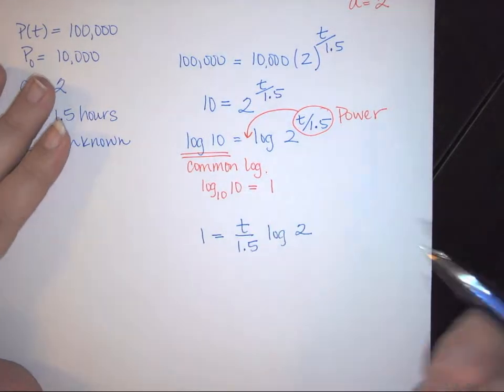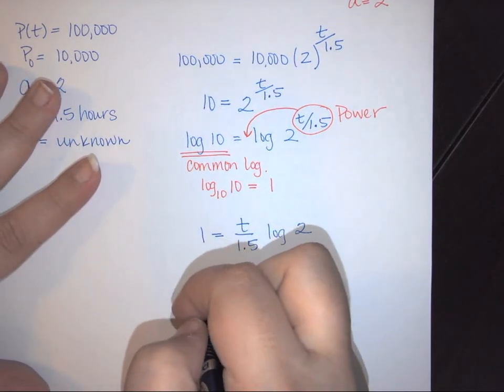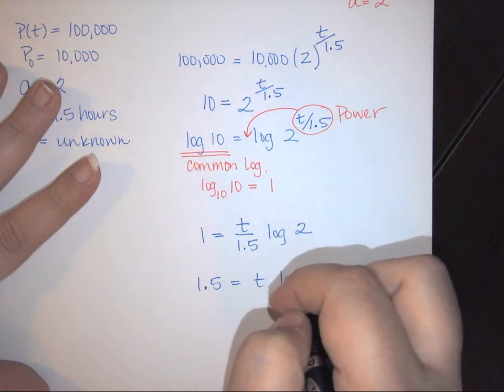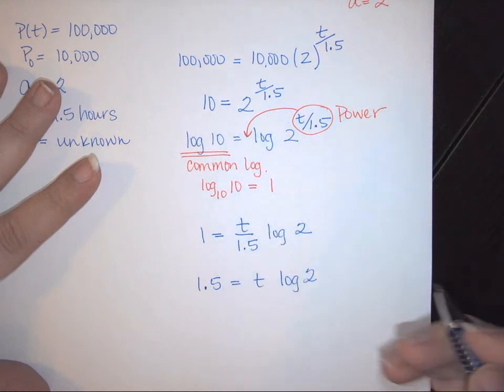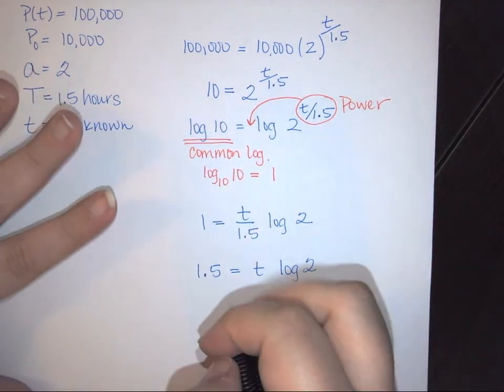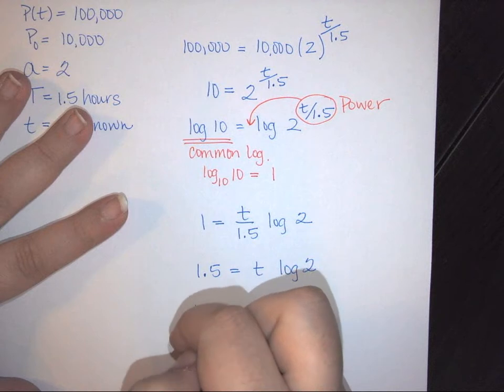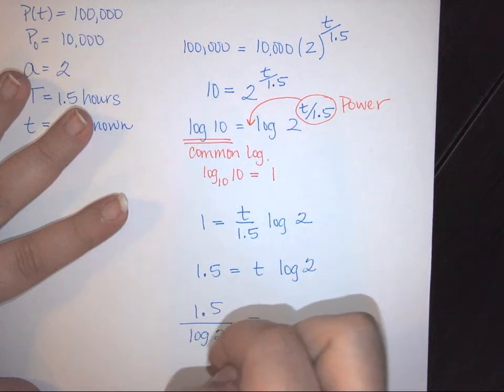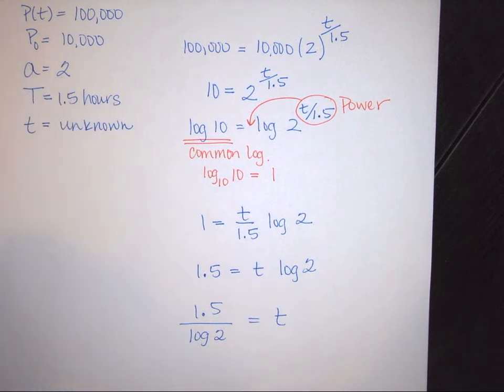I need to multiply everything by 1.5, so this becomes 1.5 equals t log of 2. Divide everything by log of 2, and I get that 1.5 divided by the log of 2 equals my t.